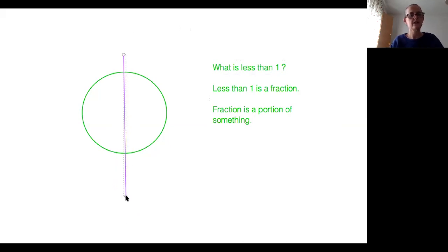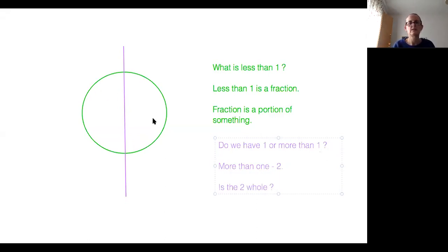Okay, so there we have, do we have one now, or do we have more than one? Here we obviously have more than one. We have more than one, and that more than one is actually 2. But is the 2 whole?